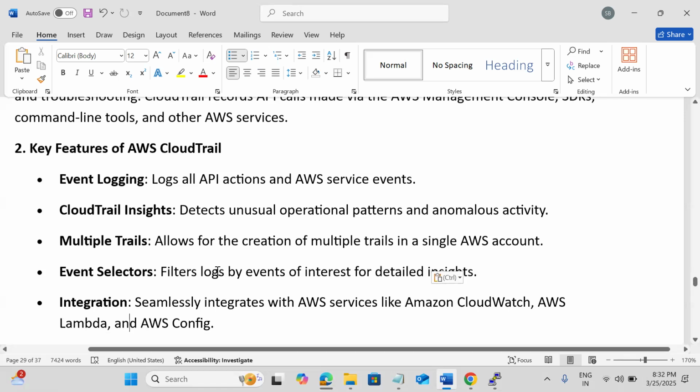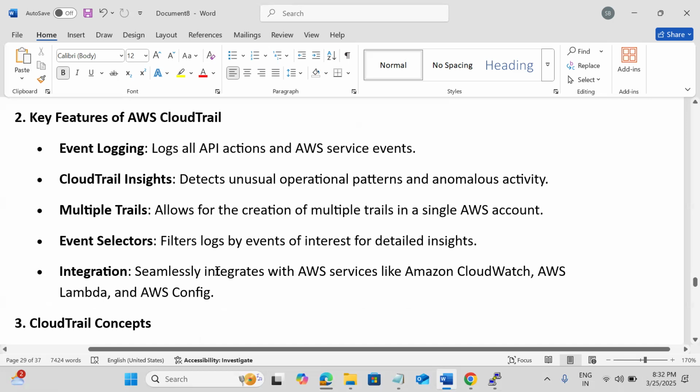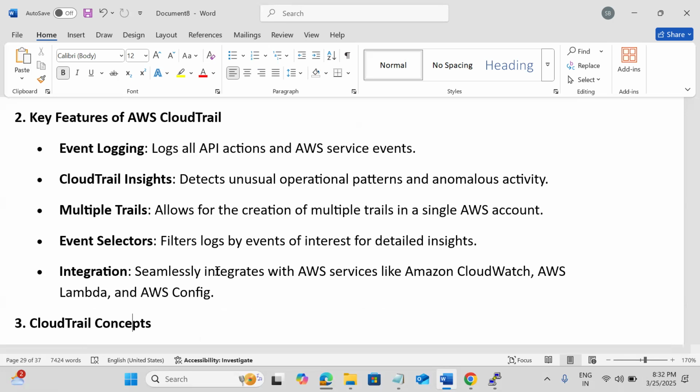Okay, now based on, say, EC2 instance termination, I want to send a notification. Then from CloudTrail, I can recognize that for this specific resource, one EC2 instance is getting deleted, initiated by this user, and I can send a notification by using AWS Lambda.